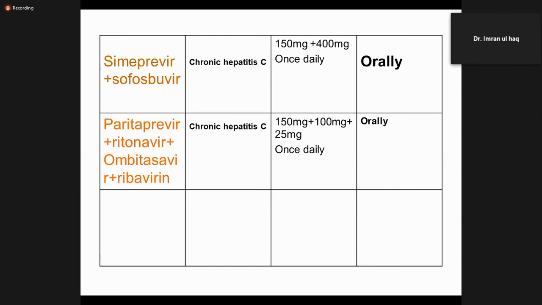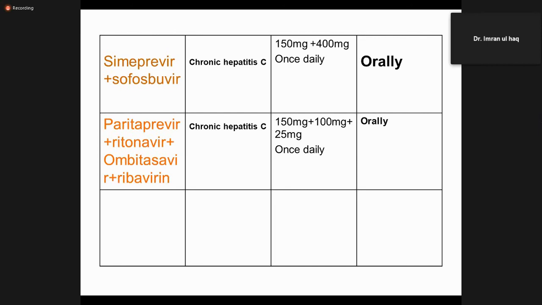So simeprevir plus sofosbuvir: 150 milligram of simeprevir and 400 milligram of sofosbuvir, given orally, and the duration of treatment, as I already told you, would be 12 weeks. There is another hepatitis C regimen: paritaprevir plus ritonavir plus ombitasvir plus ribavirin. In which situation are we going to use the combination of these four drugs?